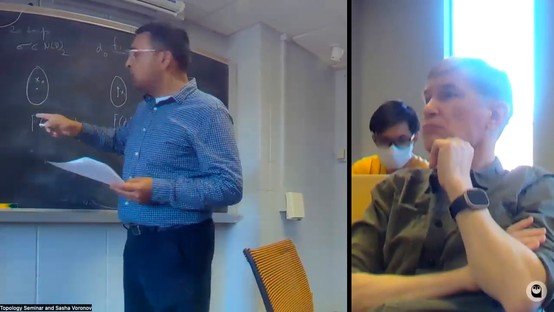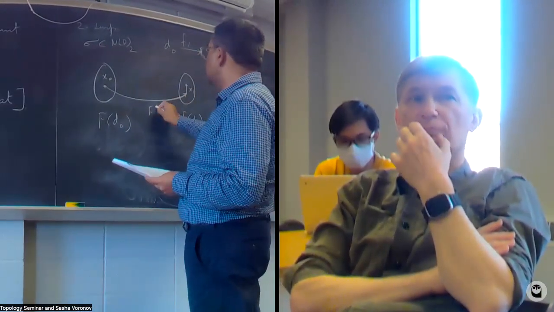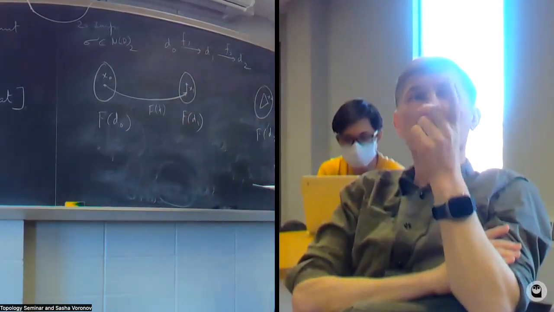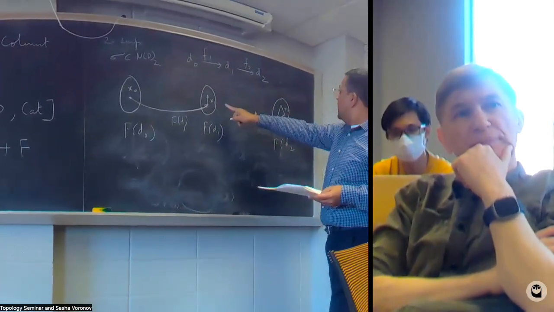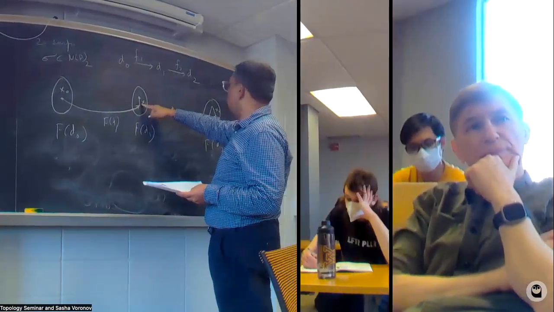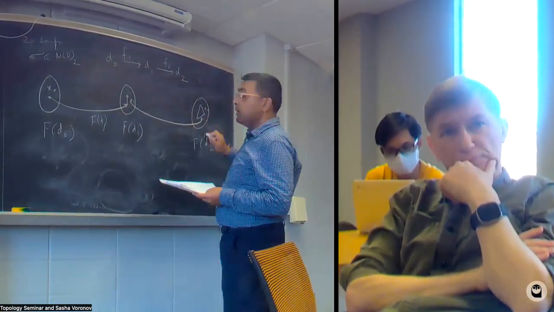Now, as in the case of one morphisms, this is transported to this, F1. Now this edge is going to be transported here.